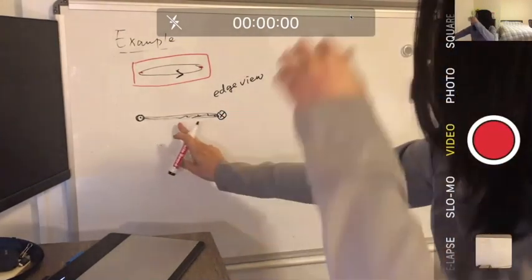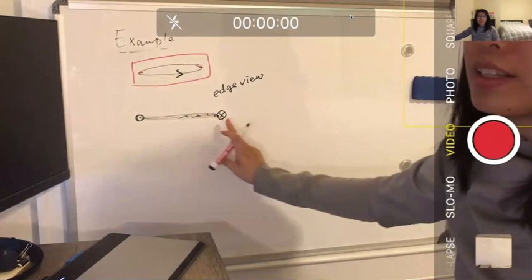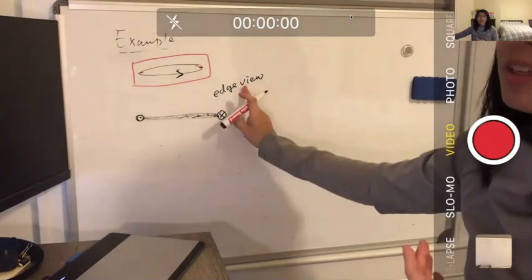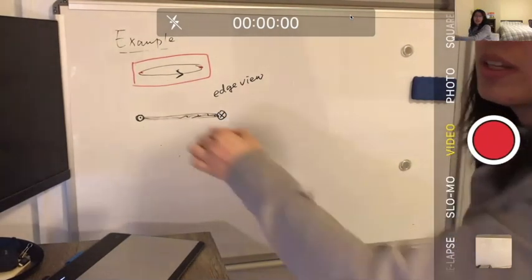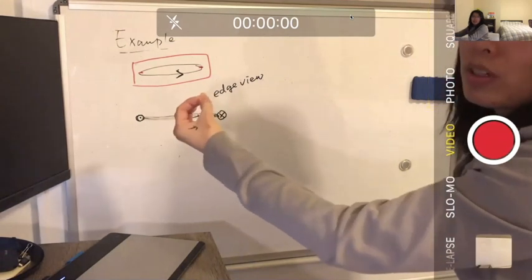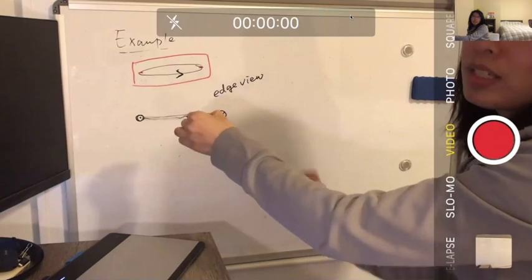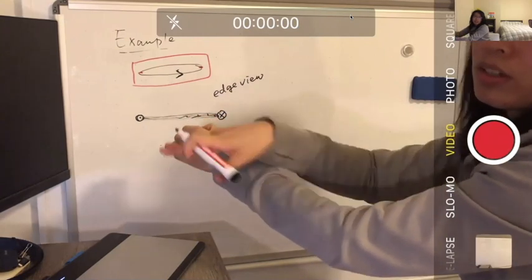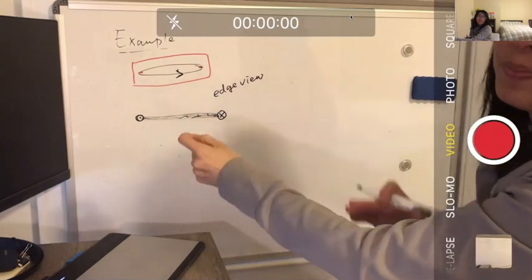So when I draw a dot here and a tail here, and I tell you this is an edge view, this is what I mean: I position the ring of current in this direction, and you're looking from this edge view.